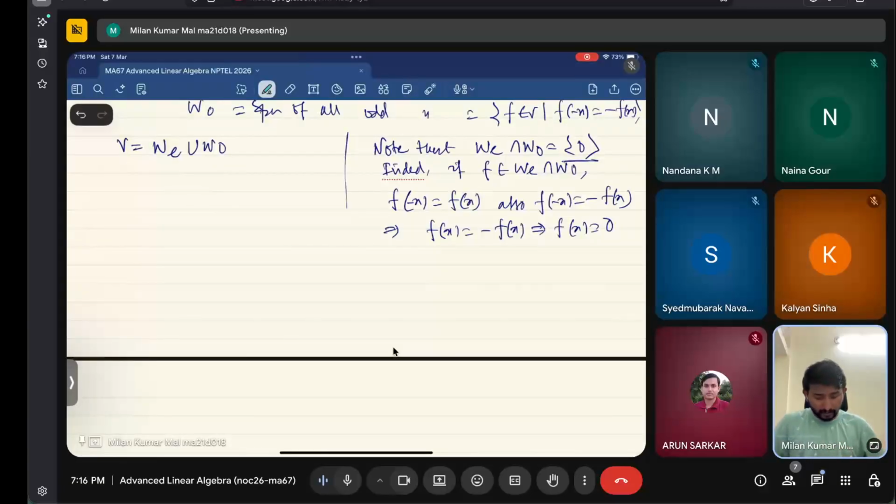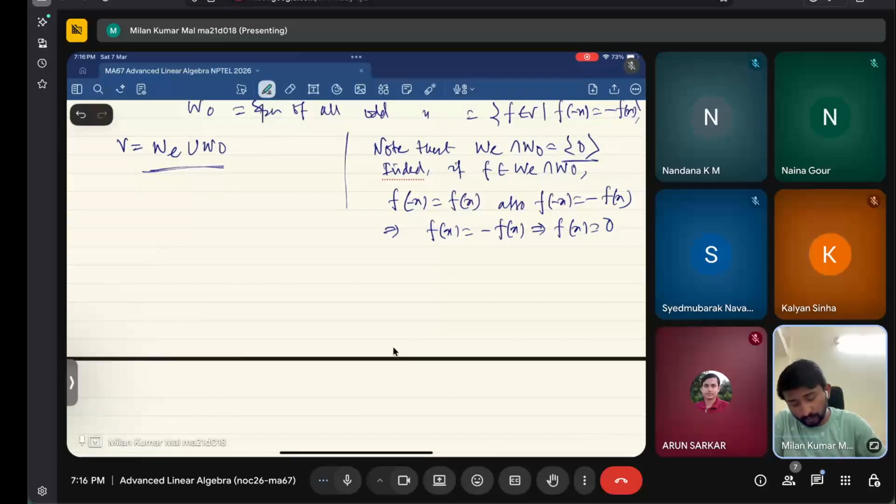And here it is giving a union of two subspaces. First of all, the union of two subspaces of a vector space is again a vector space if either one of them is contained in the other, and there is no other option. This is if and only if.